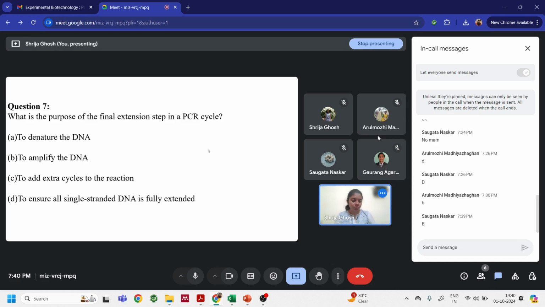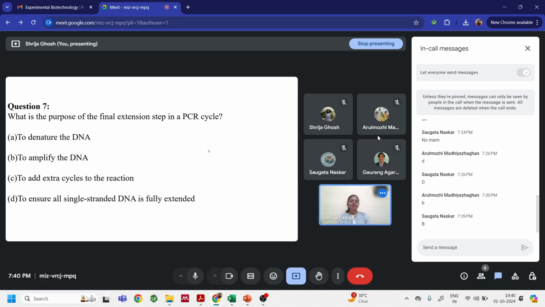Okay, we have one answer, option B, to amplify the DNA. Okay, anyone else wants to answer? Come on, even if you don't know the answer, you can try to guess.